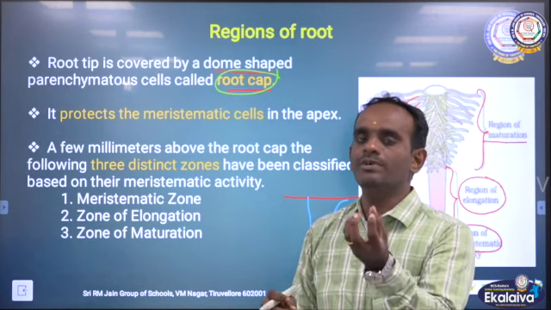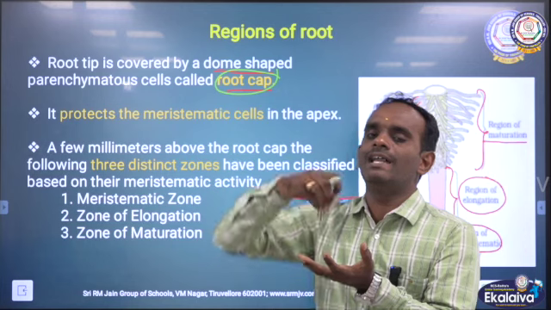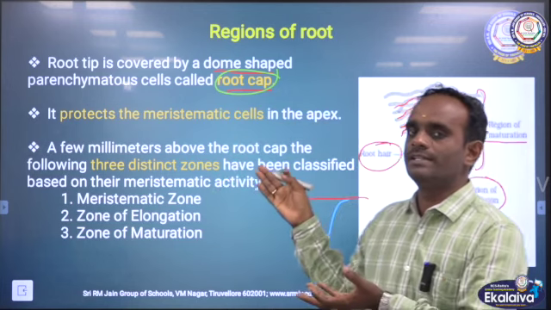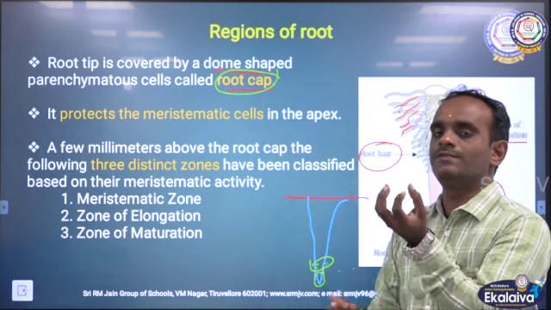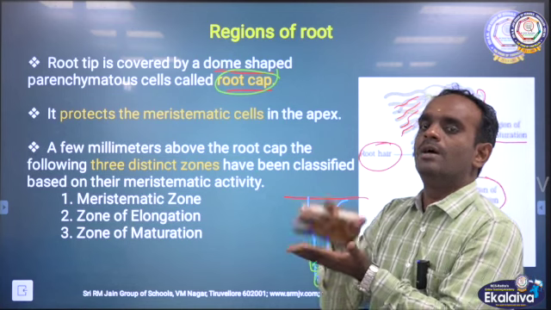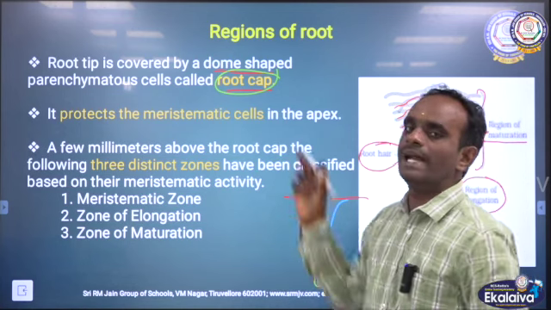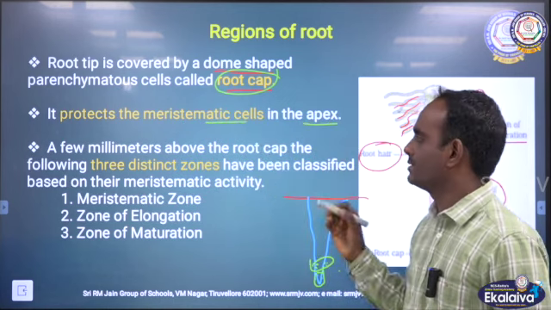The meristematic tissue is very essential for elongation of the root as well as the elongation of the shoot. Now we are discussing the root system only. So this meristematic tissue is necessary for the elongation of root. So all these meristematic cells are protected by root cap. Okay. So root cap protects the meristematic cells in the apex.